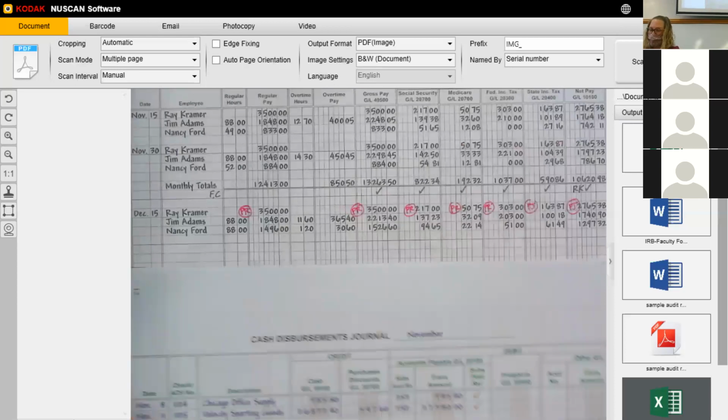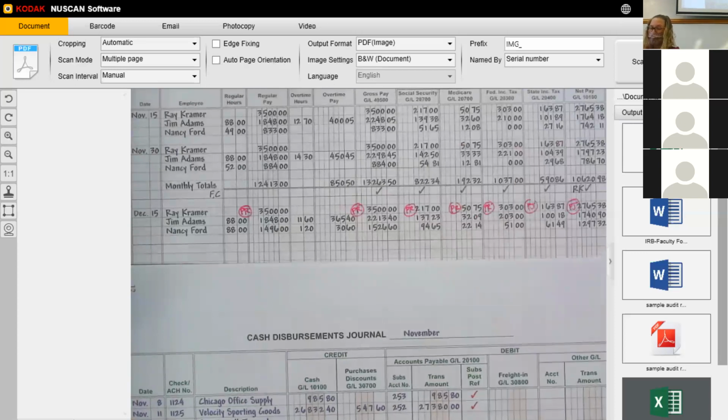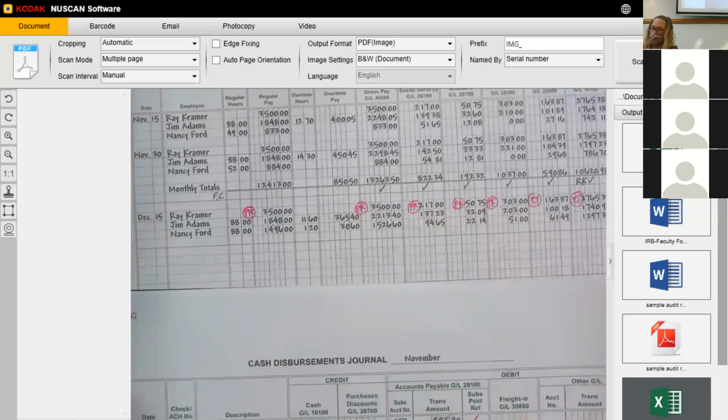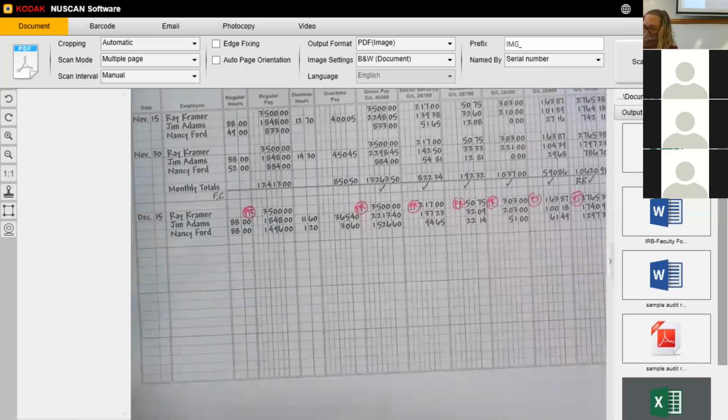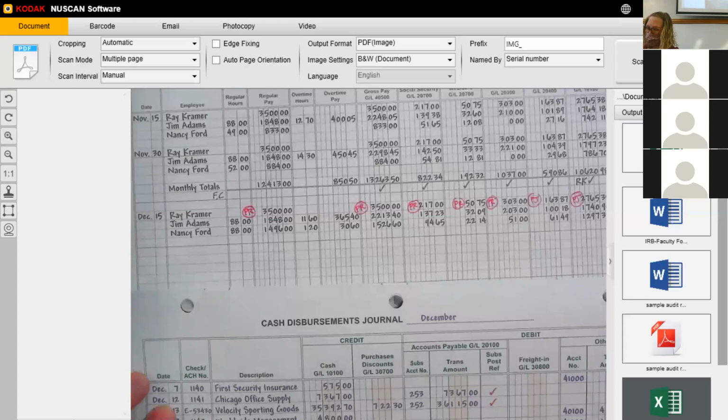And we can see that at the end of the month, we wrote a... or not.